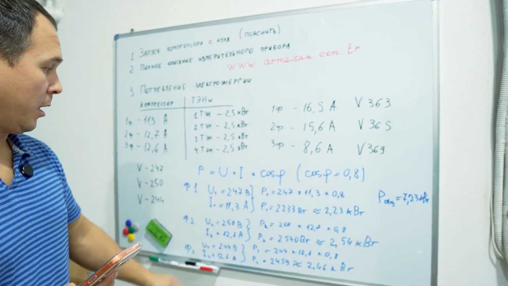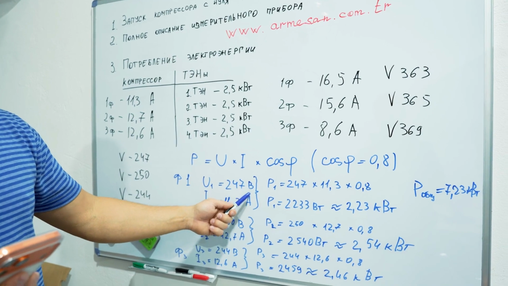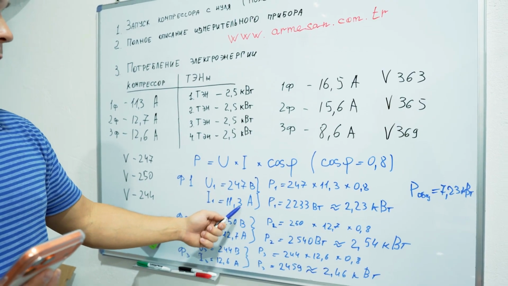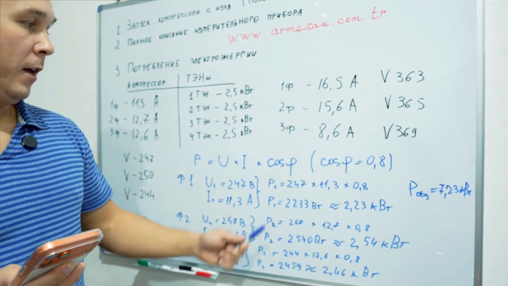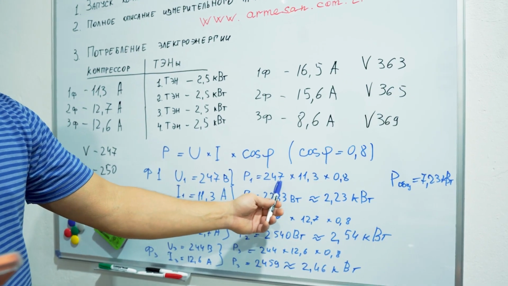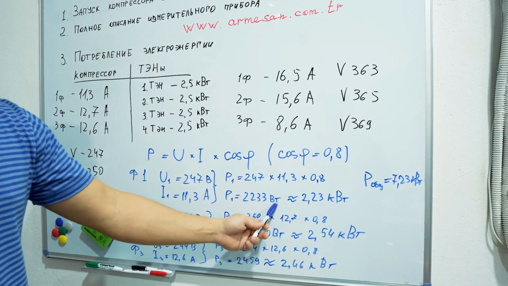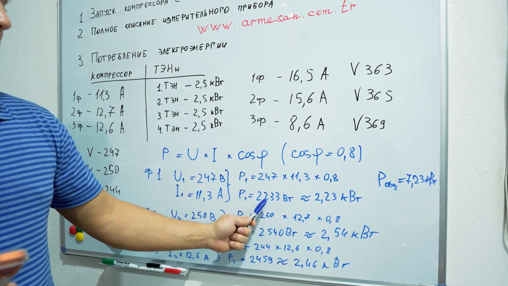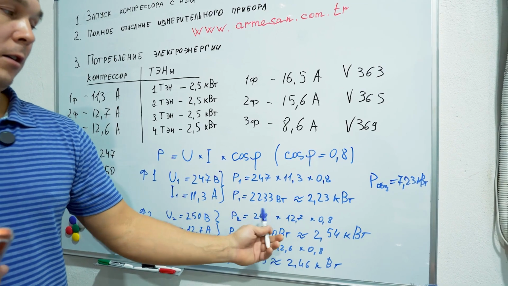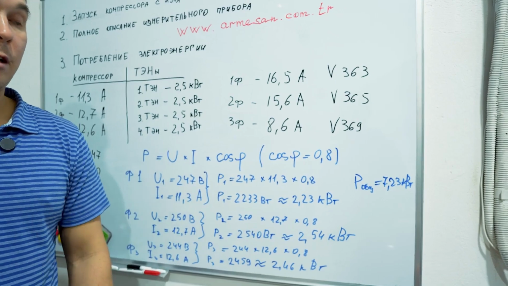We know the measured readings for each phase, where the measured voltage level is 247 volts. The current strength is represented by I, and the current is 11.3 amperes. So we multiply the value of 247 volts by 11.3 amperes and then multiply by the cosine. By taking into account the power factor represented by phi, the final calculation results in 2233 watts, which is equivalent to exactly 2.23 kilowatts of power.